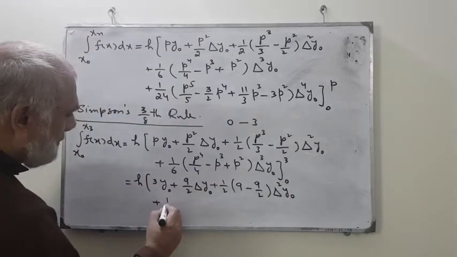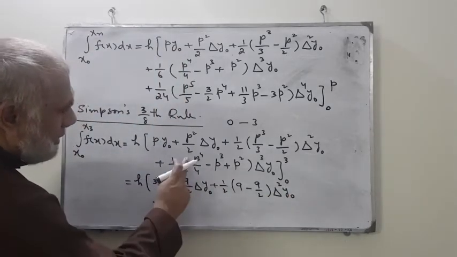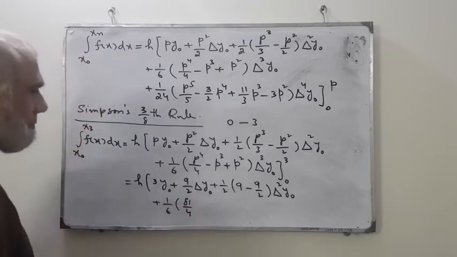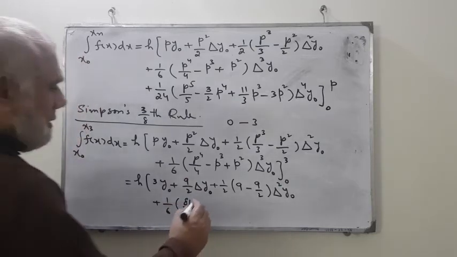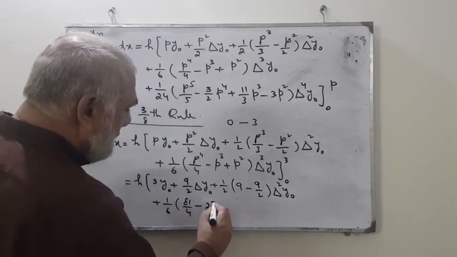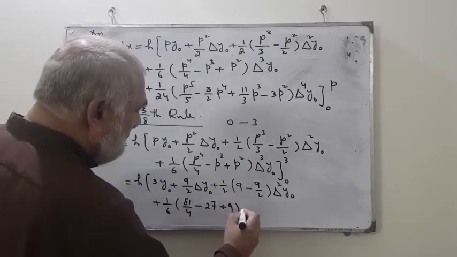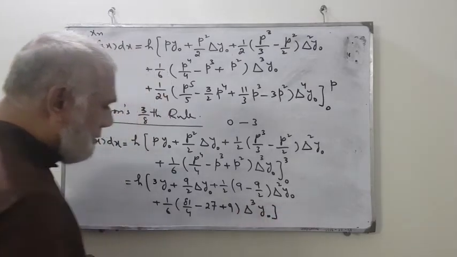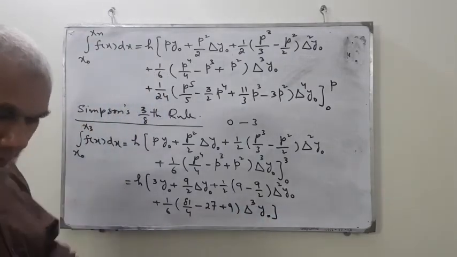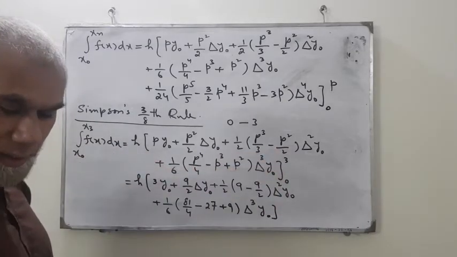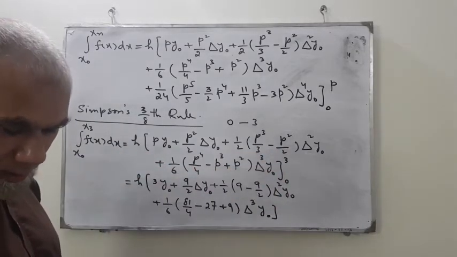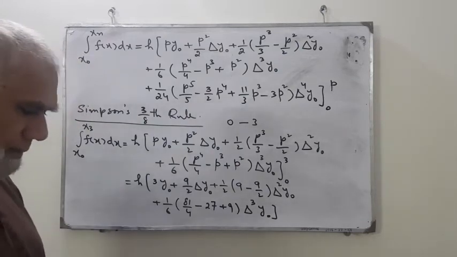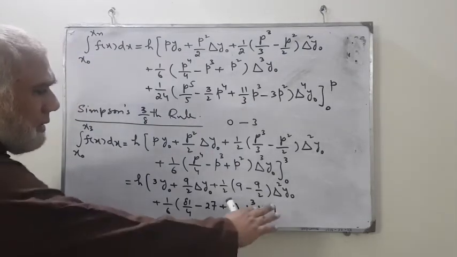From this we get 1 by 6 (81 by 4 minus 27 plus 9) and delta 3 y0. So here we have applied the limits from 0 to 3 and we got this. Now you have to simplify.